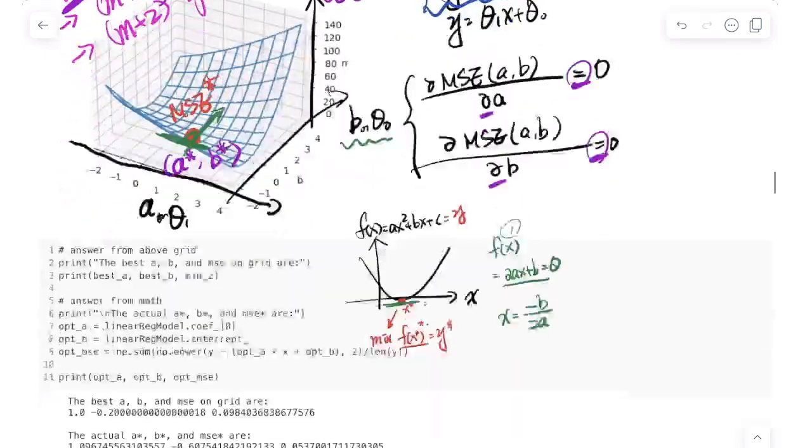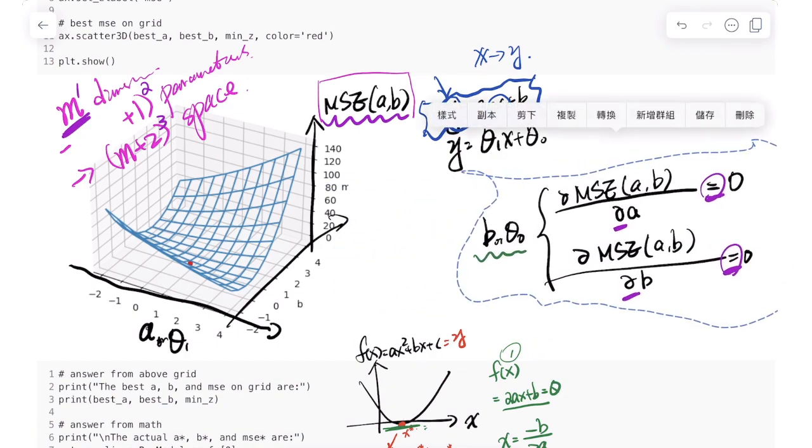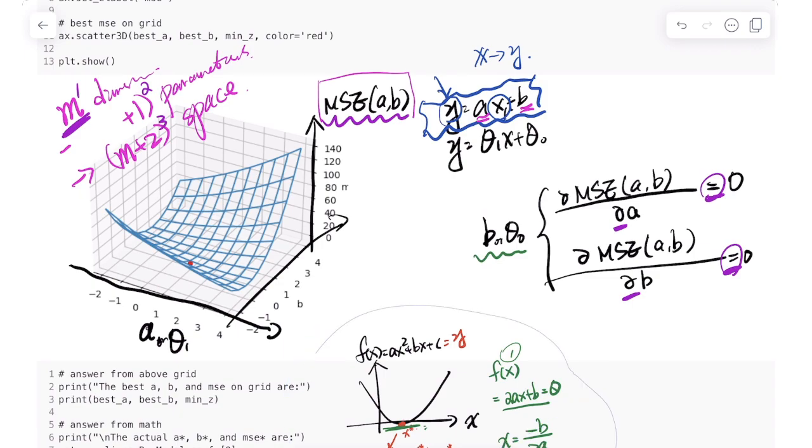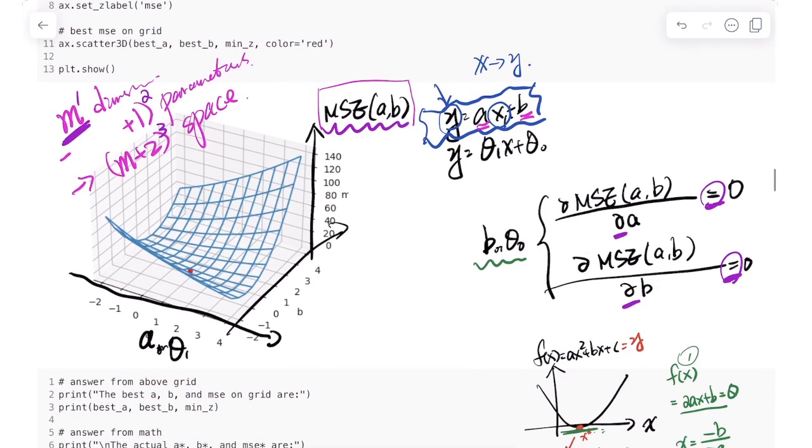Okay? So again, let's take a look at this figure. In order not to do partial differentiation, we take a few steps.